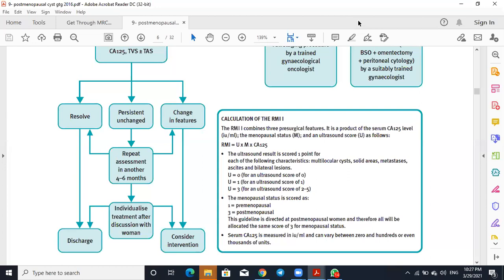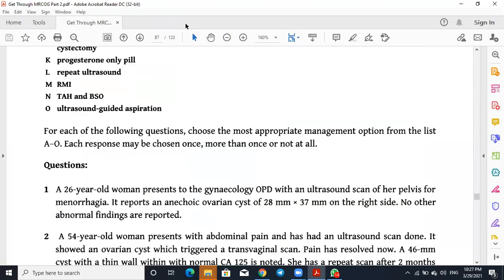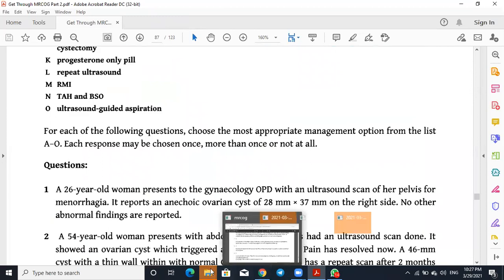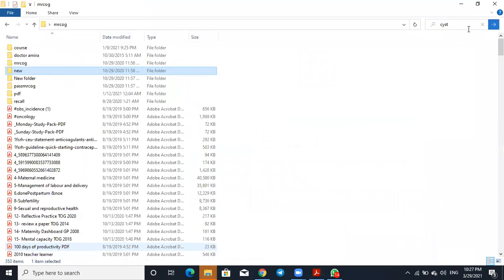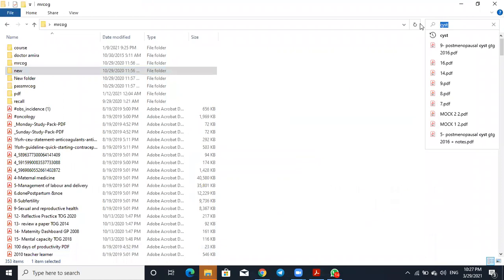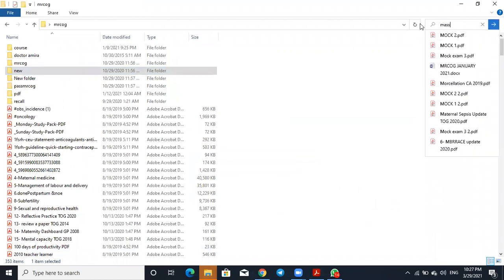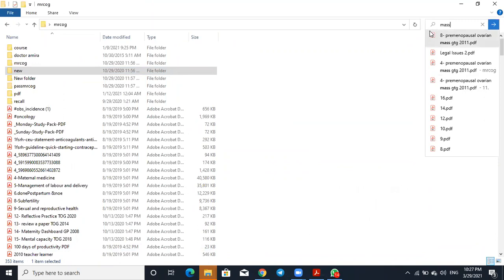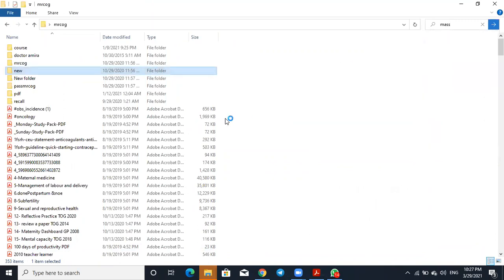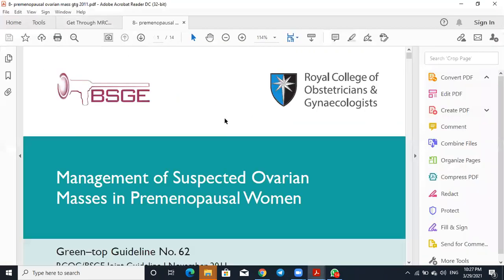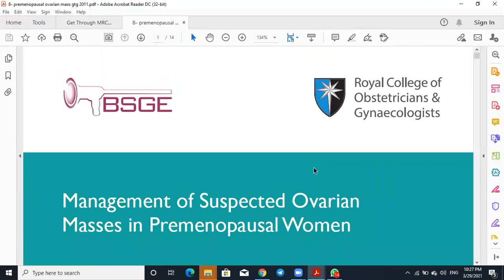So this one we get very quickly, because this is the key to answer almost everything. The perimenopausal ovarian mass, I don't remember it having any charts.